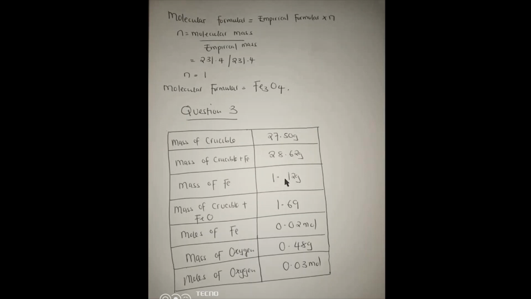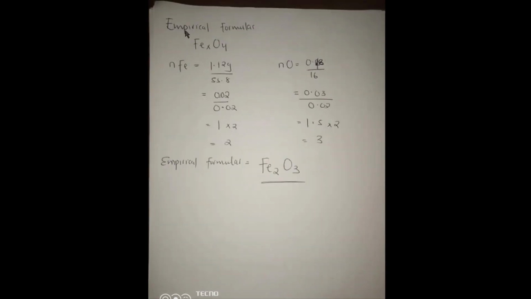Therefore the mass of the iron is found by subtracting this from this. The mass of the crucible plus iron oxide was found to be this, and I completed the table. They want the empirical formula of this compound, iron x, oxygen y.